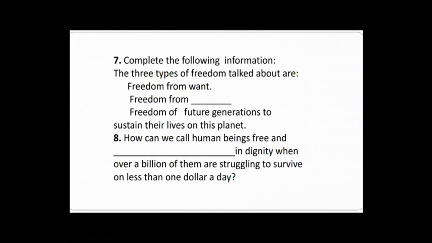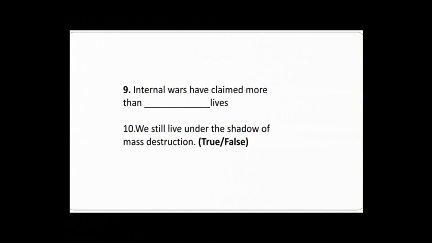The second main heading is freedom from internal wars. Wars between states are mercifully less frequent than they used to be. But in the last decade, internal wars have claimed more than 5 million lives and driven many times that number of people from their homes.